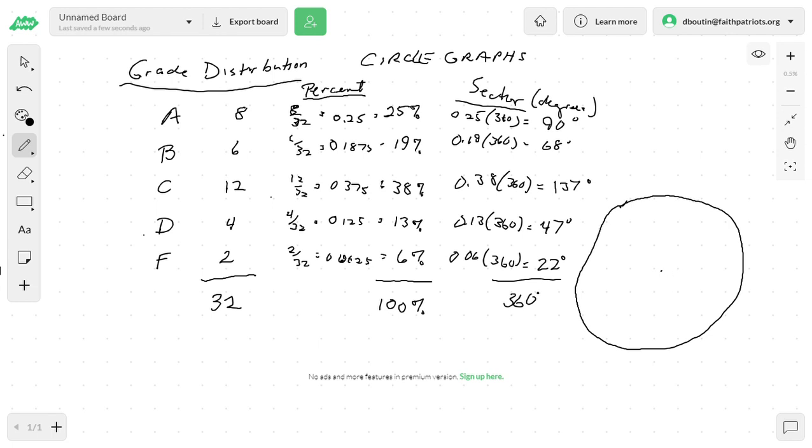So I'm going to start with the center of the circle and just draw a segment to the outer edge of the circle. And for the category that represents the 8 students that got the A, it says that that's 90 degrees of the circle.